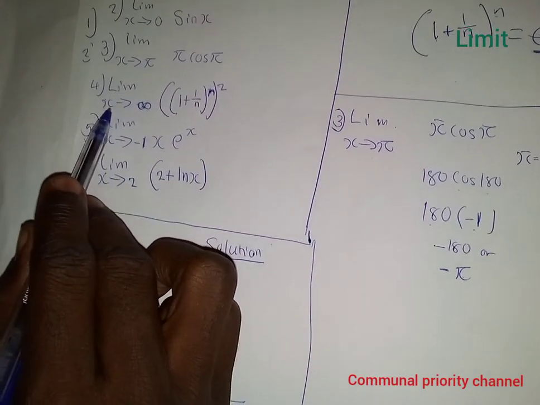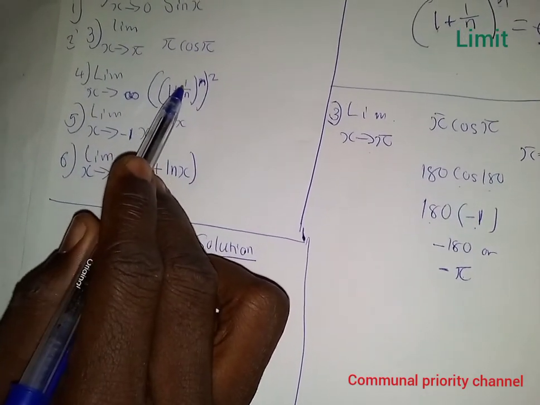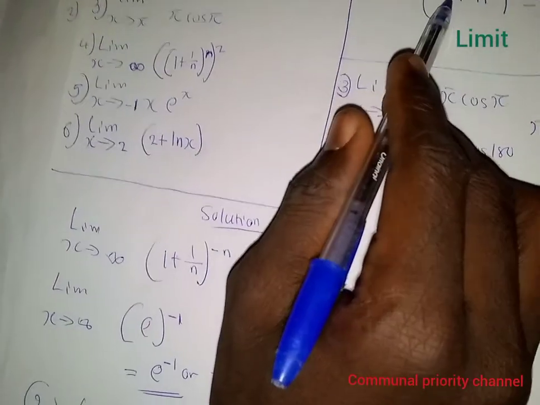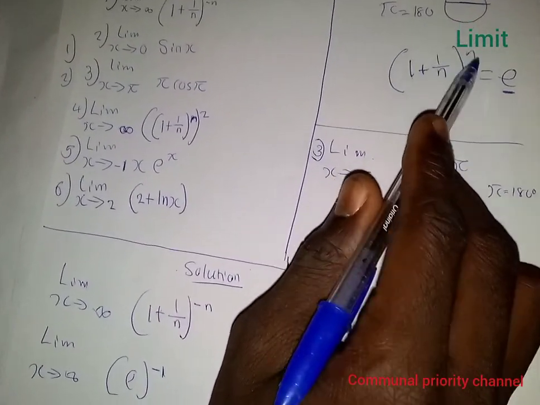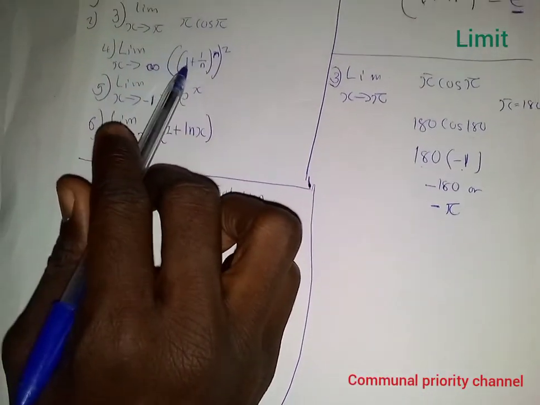That says limit as x approaches infinity of open bracket, open another bracket of 1 plus 1 all over n to the power of n, close bracket square. As we just said, 1 plus 1 all over n to the power of n is equal to infinity, as we have it here. So therefore, in this case, we can substitute this value with infinity directly.